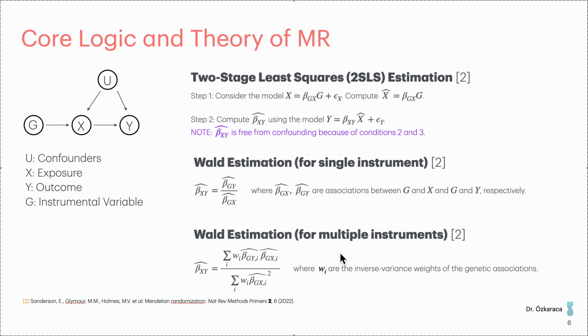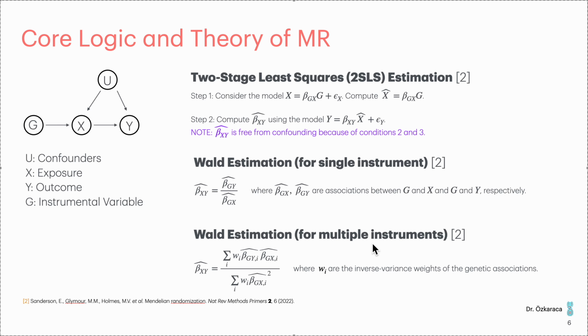I should also add that the Wald approach works both for single instruments, that is using a single SNP as your instrumental variable, or even multiple instruments, that is using multiple SNPs. And using multiple instruments often improves the robustness and the precision of the causal estimates.